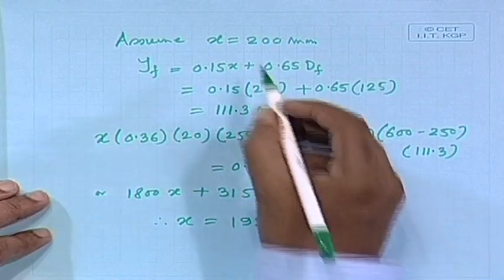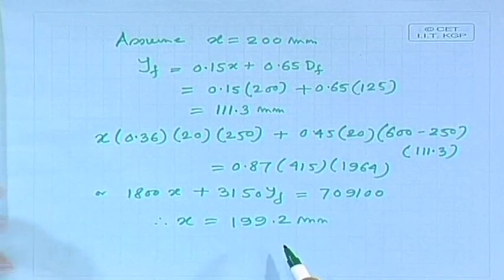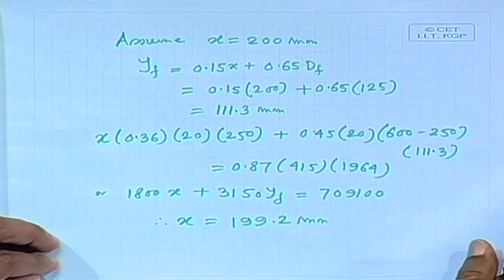That means, if we take x equal to 200 millimeter, we are getting 199.2 millimeter. So, we can take x equal to 200 millimeter.